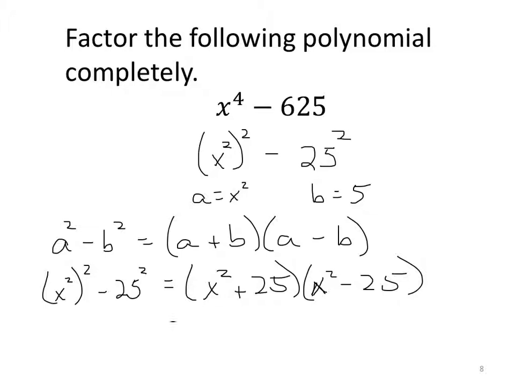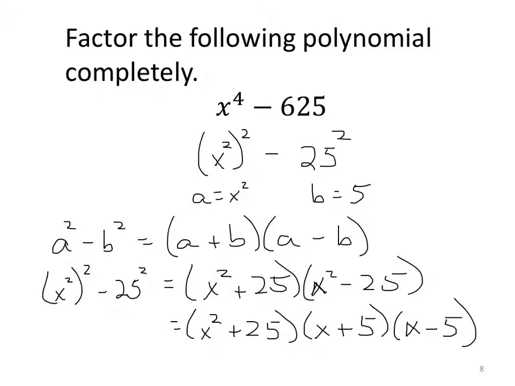So I can keep my x squared plus 25, but my x squared minus 25 factors using that same formula to x plus 5, x minus 5, and that's the end result. Now you can go on to part 2 of the exam review.